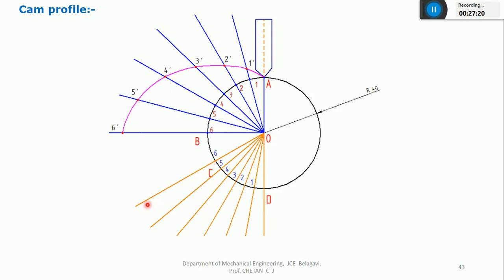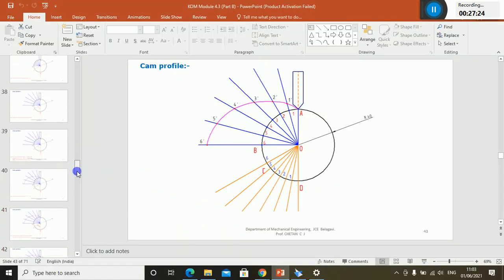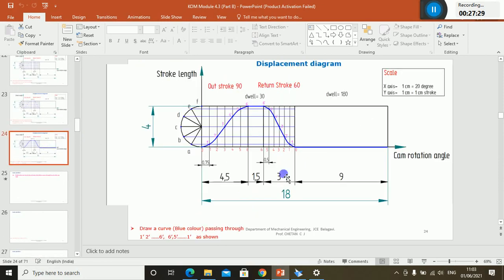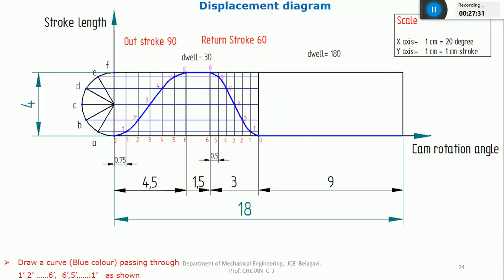Okay, and the next step is, again I'll go to the displacement diagram. So now I'm dealing with this return stroke angle, correct?